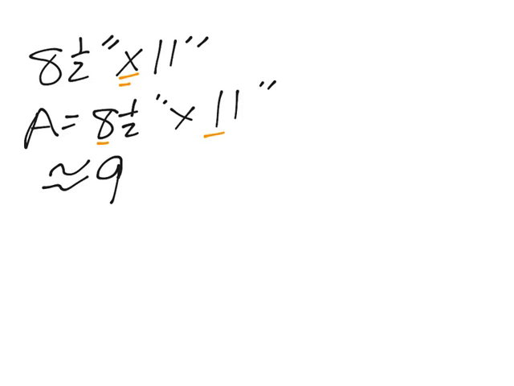In the next one we're rounding to the nearest 10, and the next digit is a 1, so we're going to round down. And we see that nice and easy, as it's supposed to be when we're estimating a multiplication problem. Once you've done the rounding, it's supposed to be really easy, and so 9 times 10, that's 90, and the units are square inches.